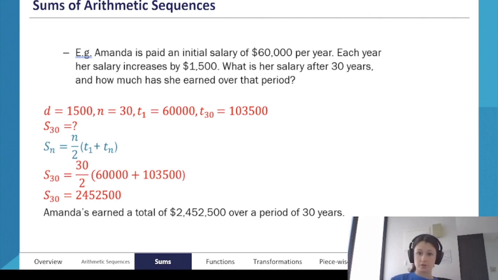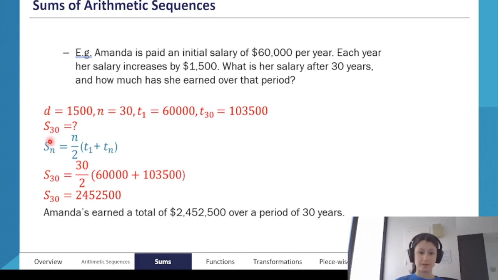Getting back to the example that we were going over before as well, in this section we need to find how much she actually earned over that period. So in the first part we found out what her salary was after 30 years. Now I need to find out how much she actually earned, kind of in accumulation. So we already know all these values.